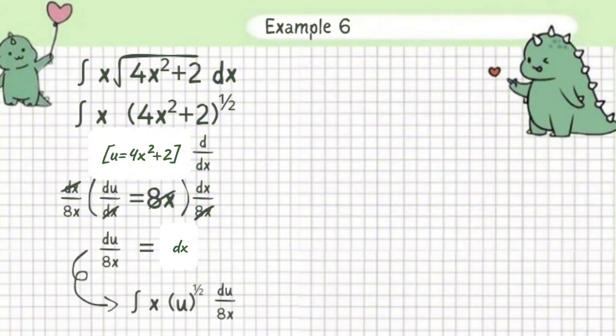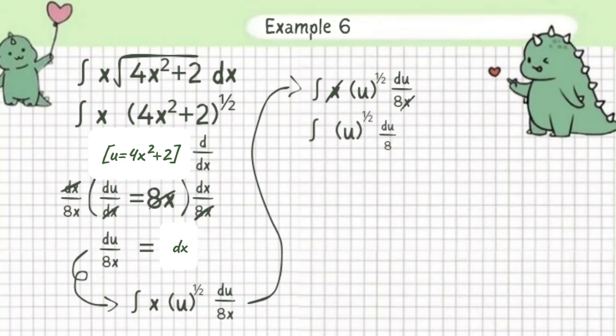We will substitute the given, so it will be written as integral of x times u raised to 1/2 du over 8x. As we can see here, we can cancel x. So we will be left with u raised to 1/2 du over 8.